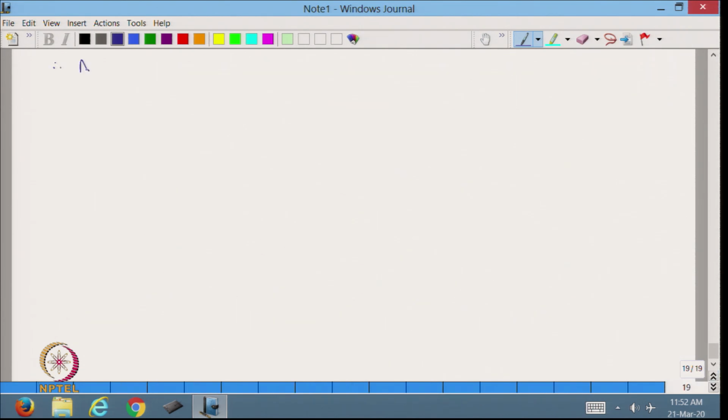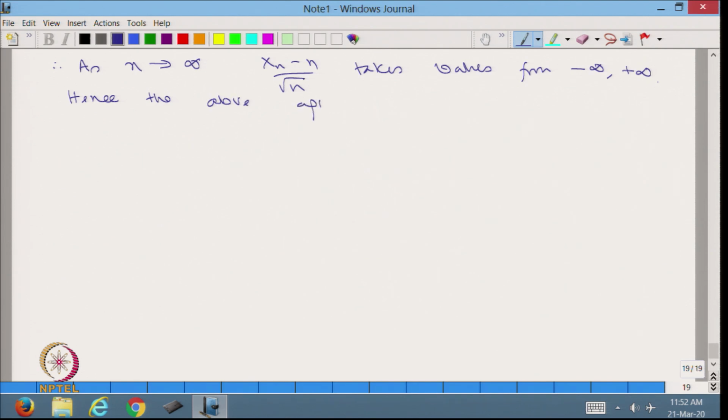Therefore, as n goes to infinity, Xn minus n upon root n takes values from minus infinity to infinity. Hence, the above approximation makes sense.